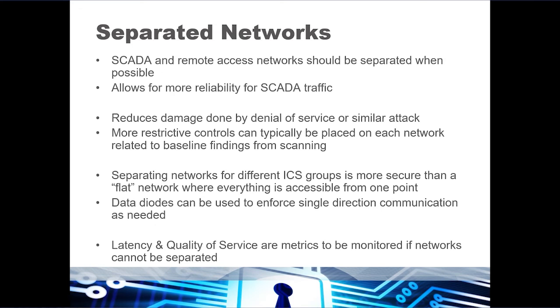Another thing to be aware of is latency and quality assurance. These are metrics that can be monitored and set if your networks can't be separated, or even if they can be separated. If you had a network that carried both SCADA and other types of remote access communication, if you're able to set some kind of quality of service metric on that, you can make sure that the SCADA traffic is at a better quality.